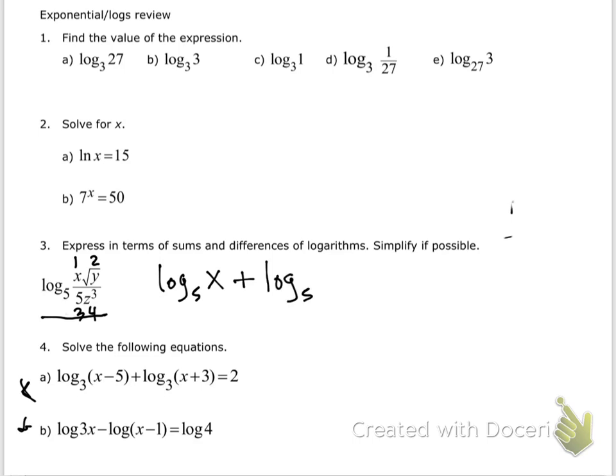Now then, remember, the square root of y is y to the 1/2. Remember how we did this one up here? So that is the exponent. And I'm going to subtract, because these others are being divided, I'm going to subtract log base 5 of 5 and also subtract log base 5 of z cubed.